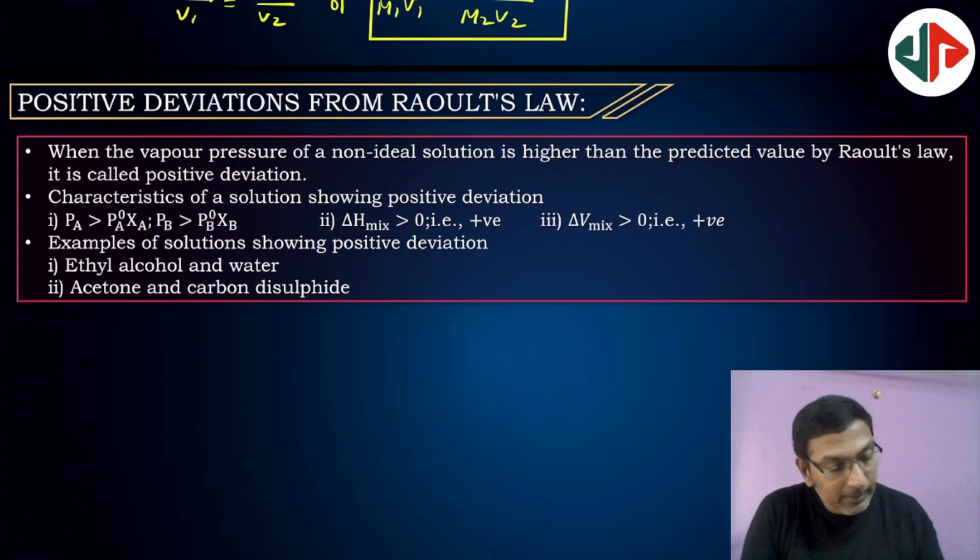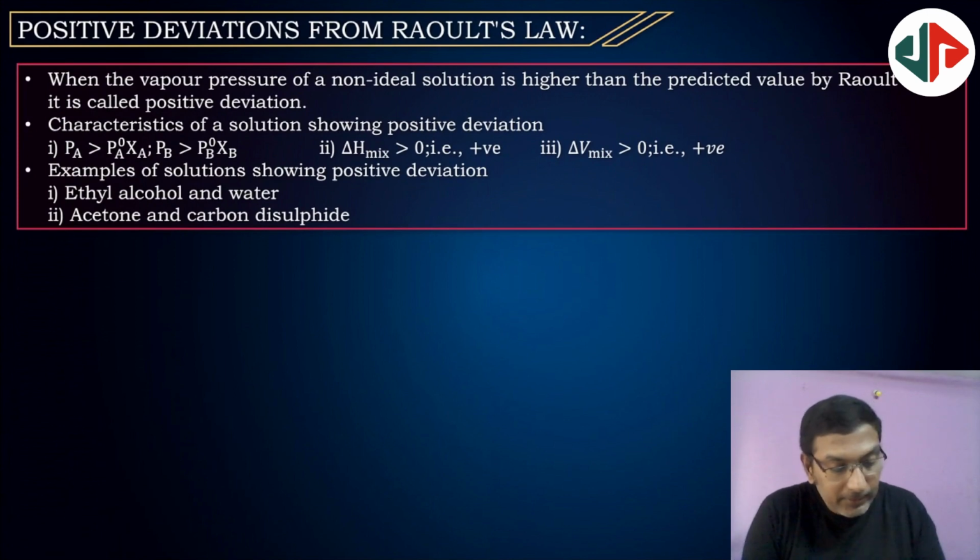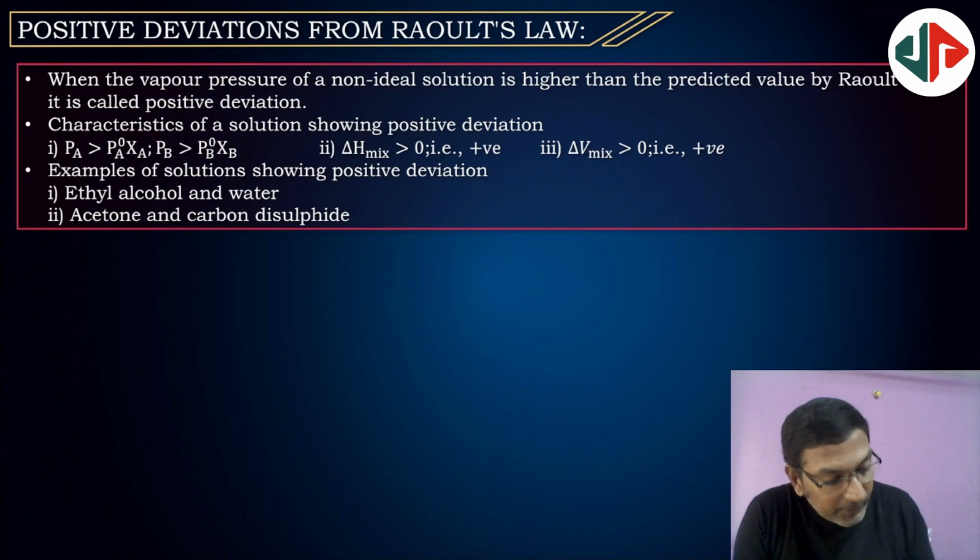Next, positive deviation from Raoult's law. So very, very important. Vapor pressure of non-ideal solution is higher than that of the predicted value by Raoult's law. So here, properties, characteristics, positive deviation. P total can be P naught A XA plus P naught B XB, or PT equal to PA plus PB.